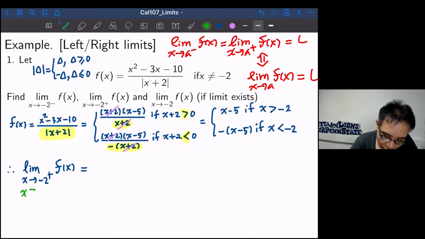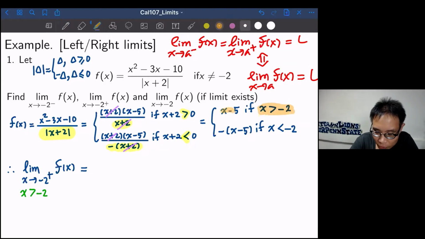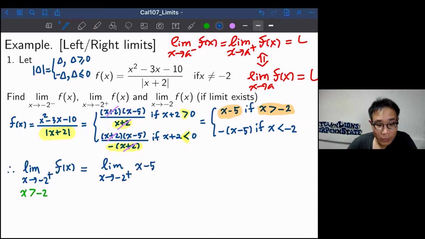This means x is more than negative 2, so you are in the first case, where x is more than negative 2. You get x minus 5, so the limit as x goes to negative 2 from the right of x minus 5 turns out to be negative 2 minus 5, equal to negative 7. This is how we get this limit.